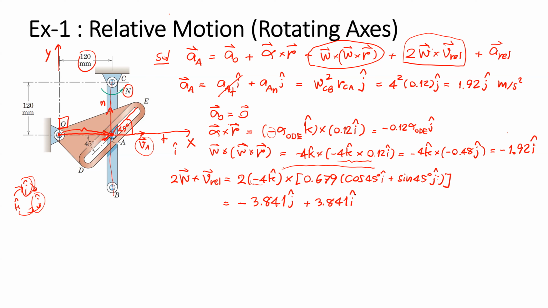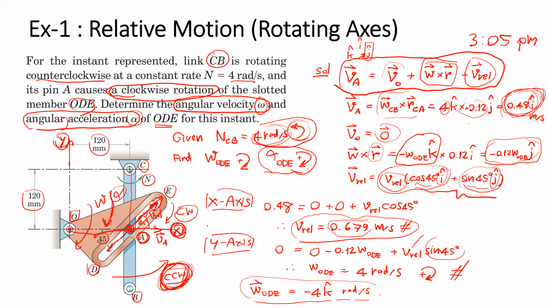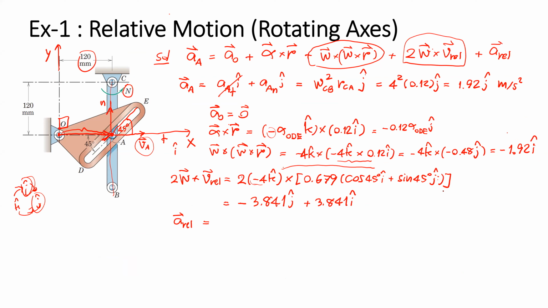Okay, the relative acceleration, the last term. We use the same method. With the relative velocity, we just want to find the magnitude because we know the direction. The relative acceleration is the magnitude multiplied by cosine and sine.